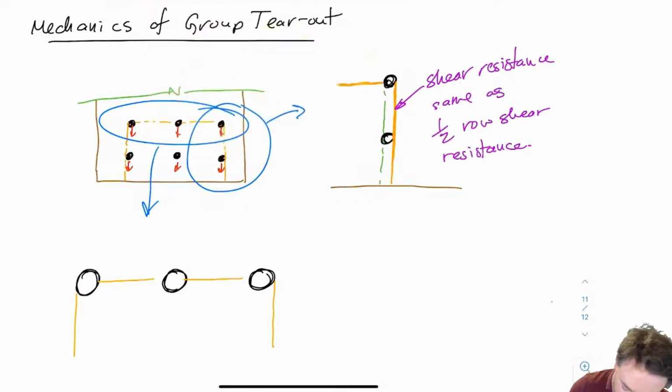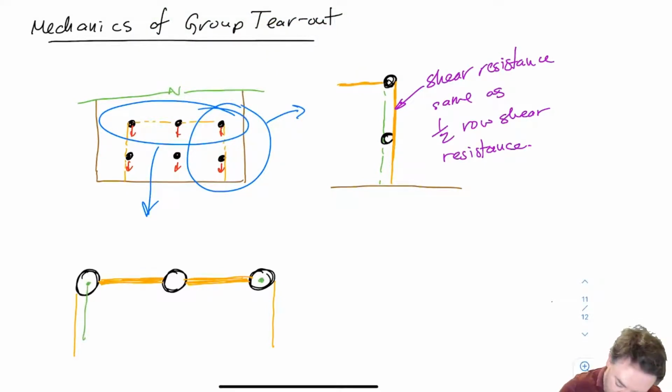So we're talking about basically I need to fail these thick orange lines in net tension failure. So what I'm going to do is calculate the length of those lines.